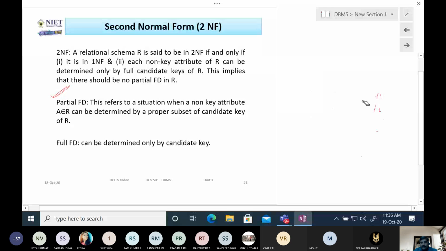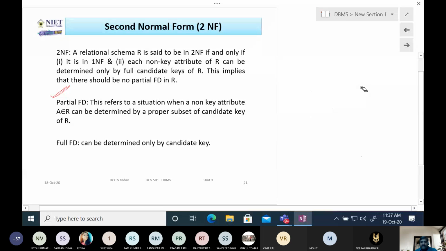Now I'm going to conclude today's session. Today I explained the concept of normalization, then normal form, and after that different types of normal form, and then what is the good design principle of database, then explained first normal form and second normal form.